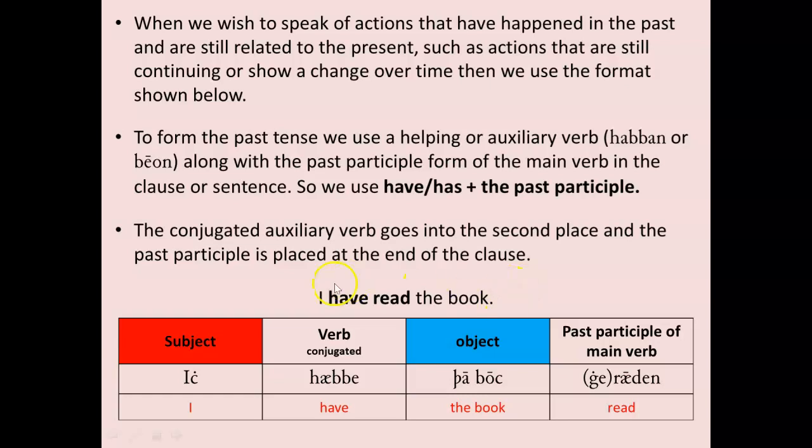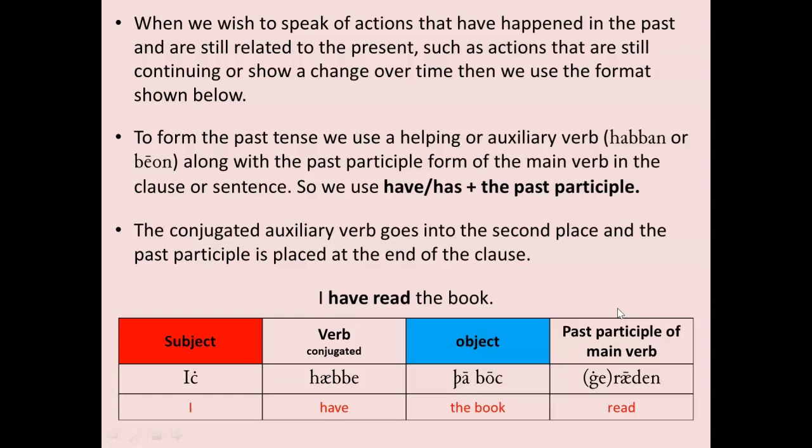But let me just remind you here, the conjugated auxiliary verb goes into the second place. Conjugated verb here, first person past tense: ich habe, the book, geraden, the past participle of the main verb. So, I have read the book.